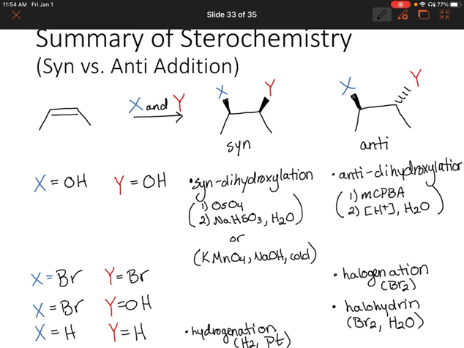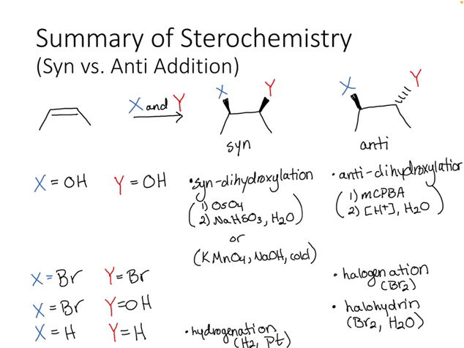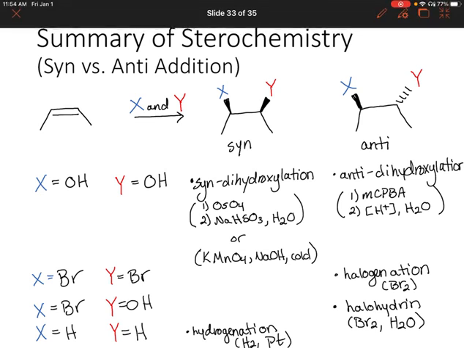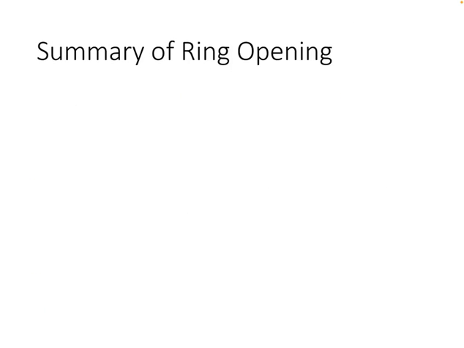Now, there's one more thing I wanted to summarize, and that is ring opening. So we saw that in a lot of these reactions, we formed a bromonium ion or a mercurinium ion, or I forget the name. It was a complex name. Oh, this isn't letting me go to the next slide. There we go.